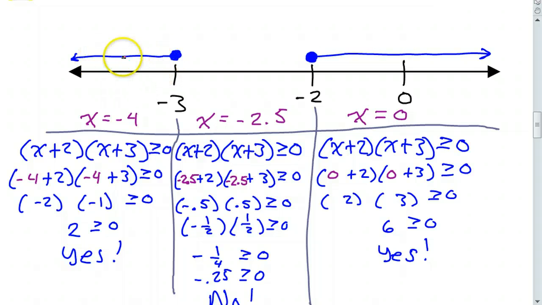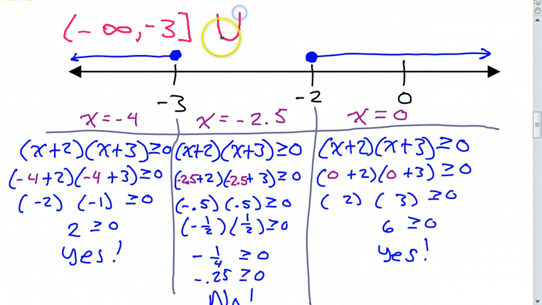This branch over here goes from negative infinity to negative 3. This time we will use a square bracket at the negative 3 to show that we're including the endpoint as part of the solution set. And once again, when we have these two separate intervals, we'll use a union symbol to join them together, since both sets are part of the answer.